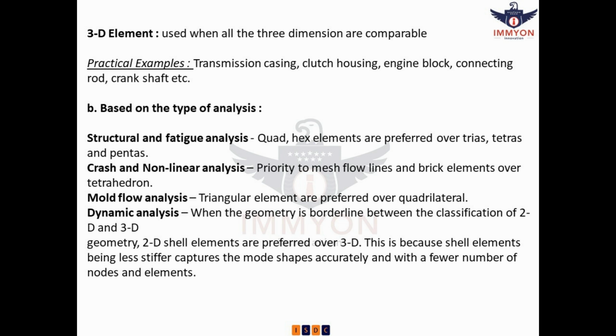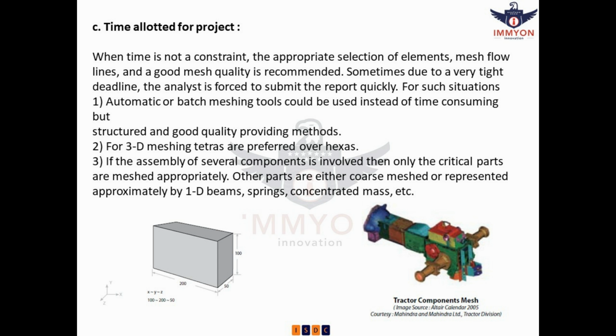Dynamic analysis: when the geometry is borderline between the classification of 2D and 3D geometry, 2D shell elements are preferred over 3D. This is because shell elements, being less stiff, capture the mode shapes accurately and with a fewer number of nodes and elements. C. Time allotted for project.